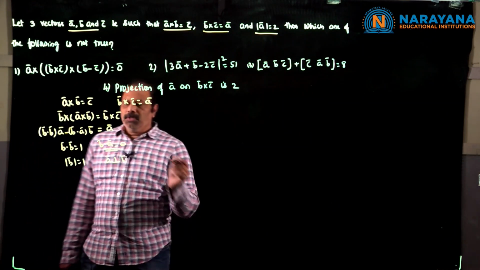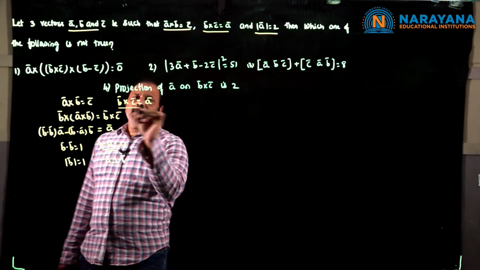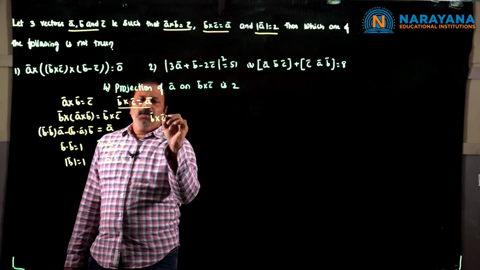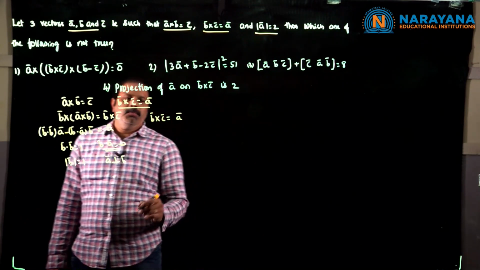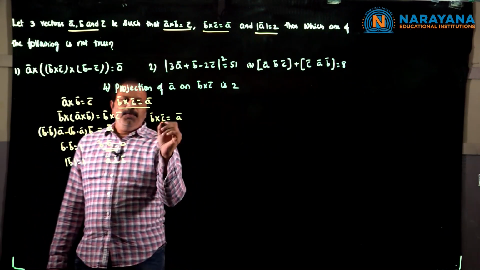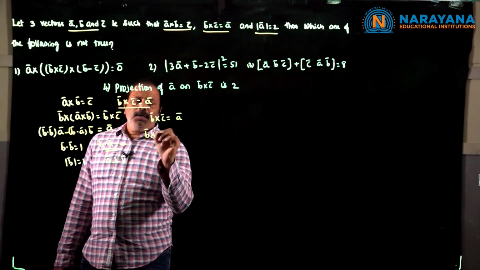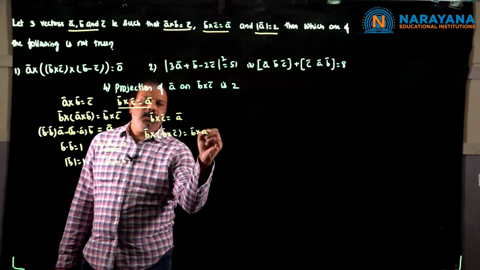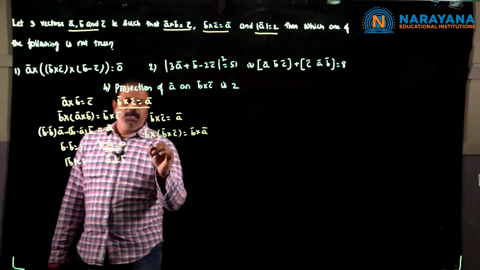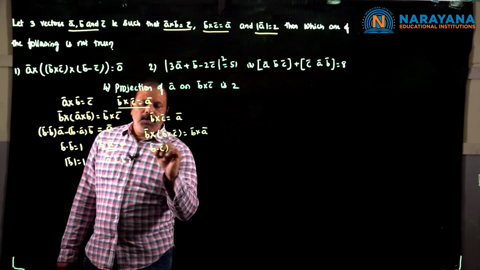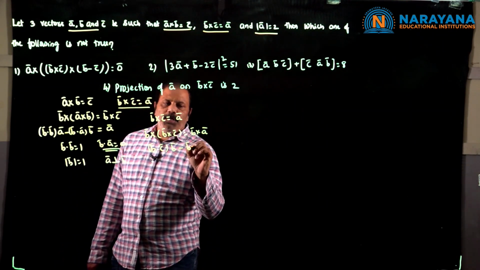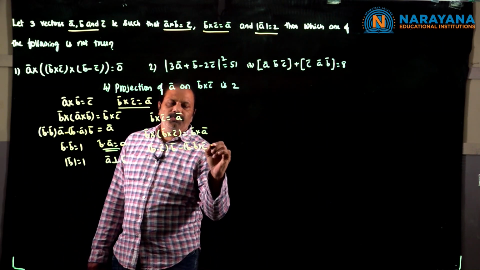In a similar way, b bar cross c bar is equal to a bar. Now, if you take the cross product, b bar cross c bar is equal to b bar cross a bar. This is nothing but b bar dot c bar times b bar minus b bar dot b bar times c bar.